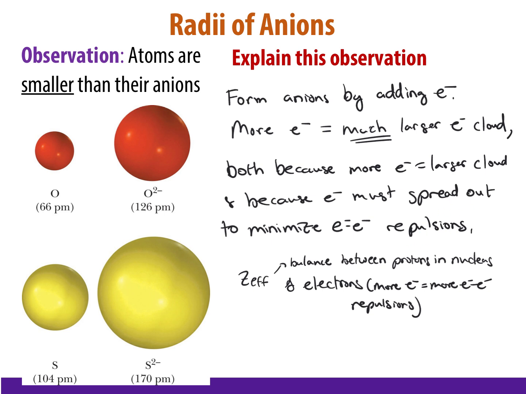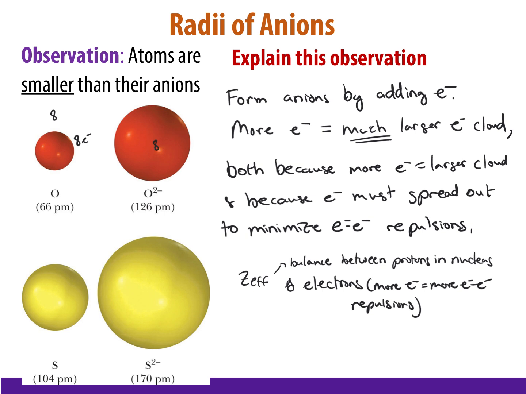This is a fact that we would sometimes include in terms of our Z effective idea, right? Z effective is that balance between the protons in the nucleus and the electrons. More electrons is always more repulsions and always a weaker force holding the electrons to the nucleus. So here, for oxygen, we have 8 protons and 8 electrons.